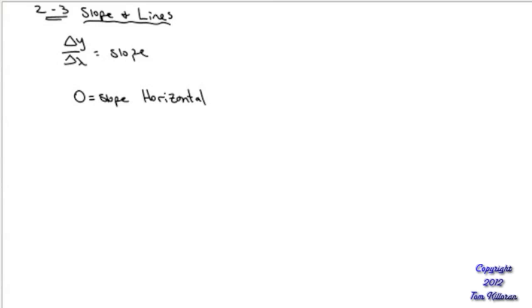Something like -4, 3, and 2, 3 would form a horizontal line because as you change your x values, your y values are staying constant. By the way, the equation of this line is literally y equals 3. The line that goes through those 2 points, because forever and always, for every x value, y is always going to equal 3. So if you see y equals 3, you know you're talking about a horizontal line that has a slope of 0. Just associate all those 3 pieces together.